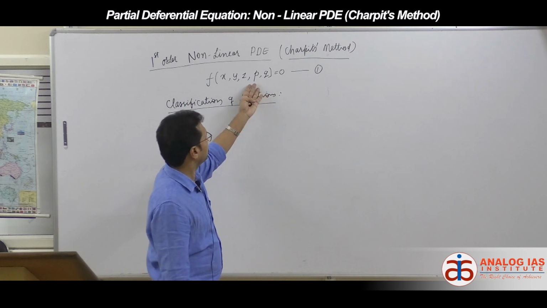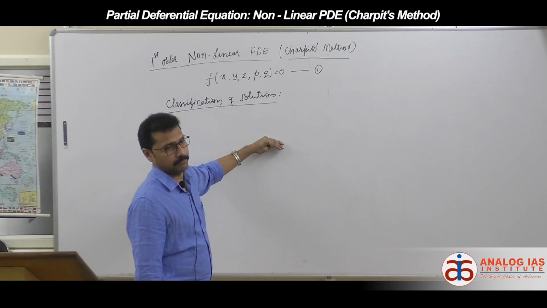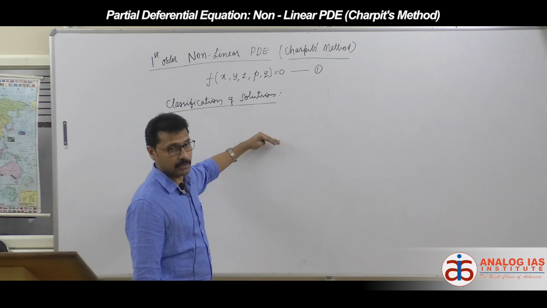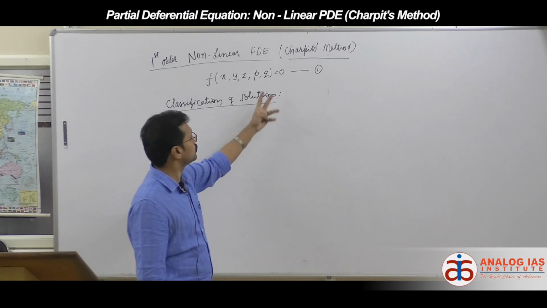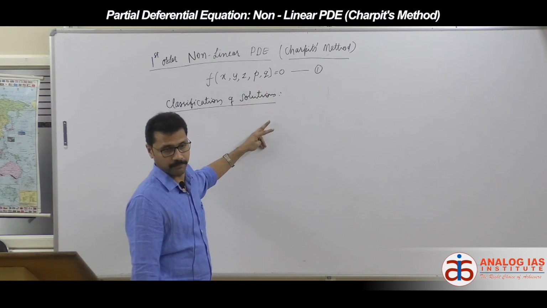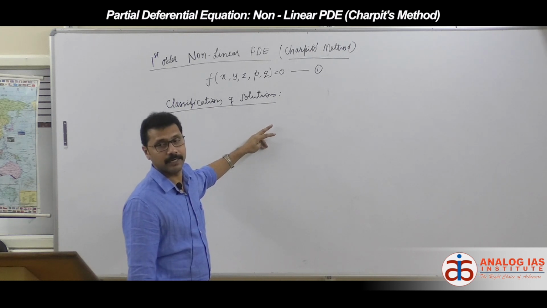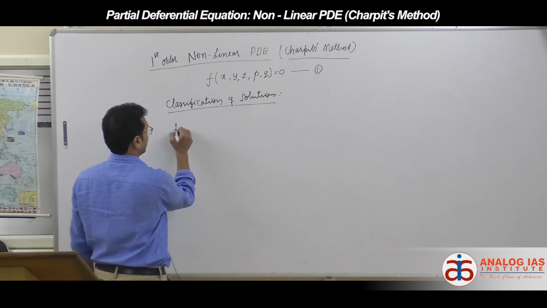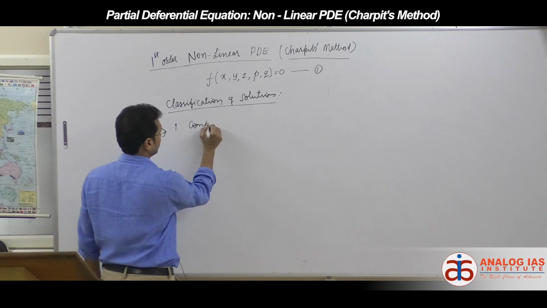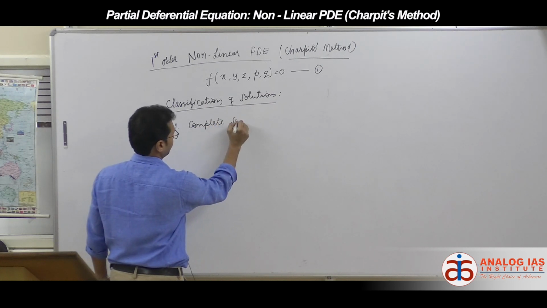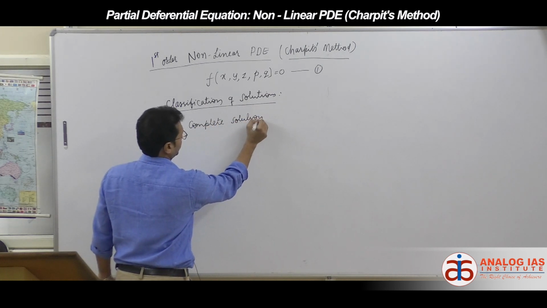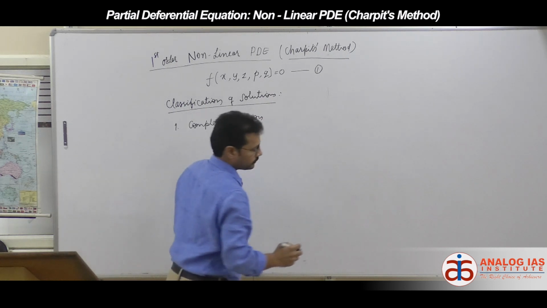Therefore, if I try to actually solve this one, which gives a solution which contains those two arbitrary constants, then we call it a complete solution. Take this one, first one: complete solution.